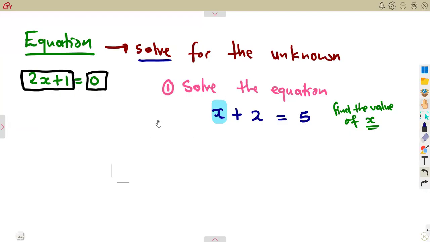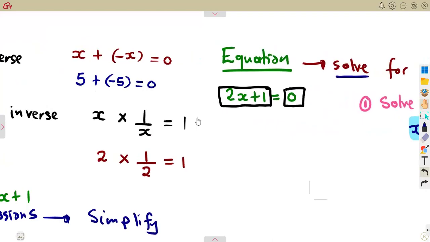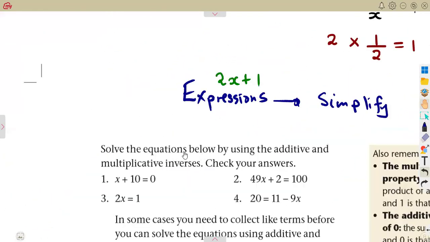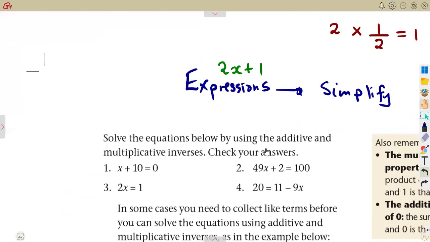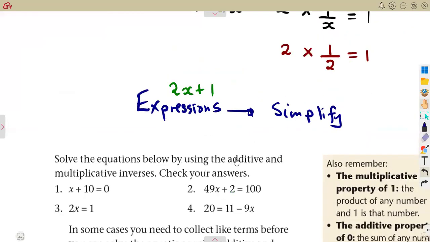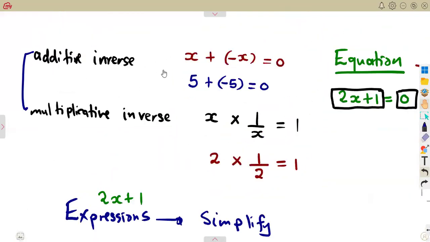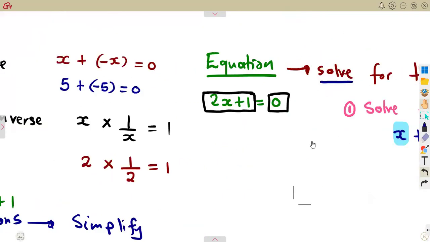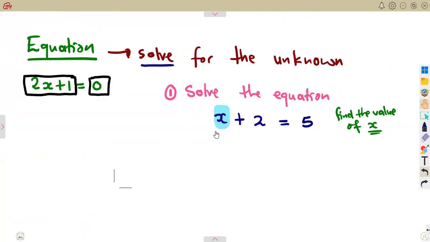We need to apply some concepts in solving. You might be given questions like: solve the equations below by using additive and multiplicative inverses. There is a certain process that you need to follow, and that is what we have to consider. When using the additive inverse, we need to remove this 2 so that we remain with x.